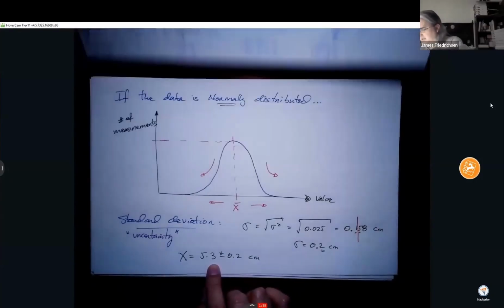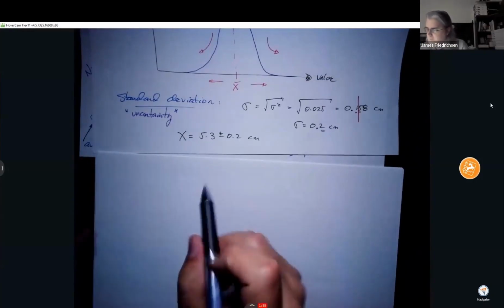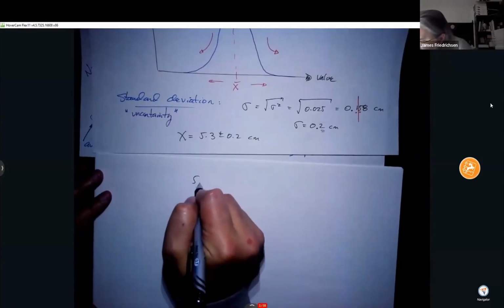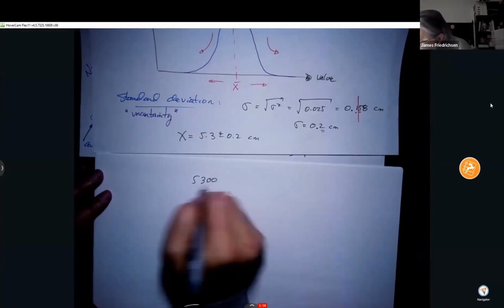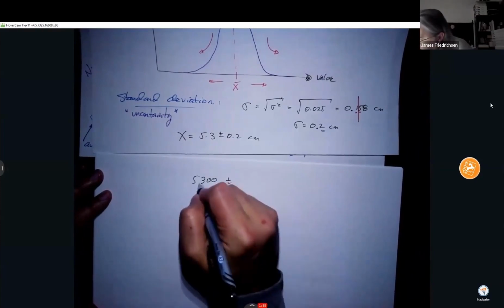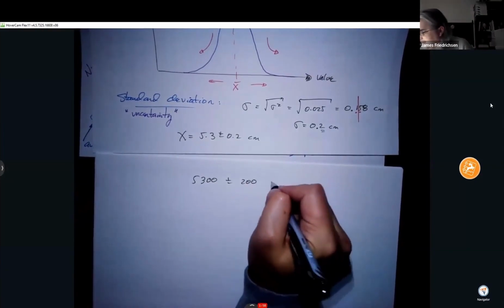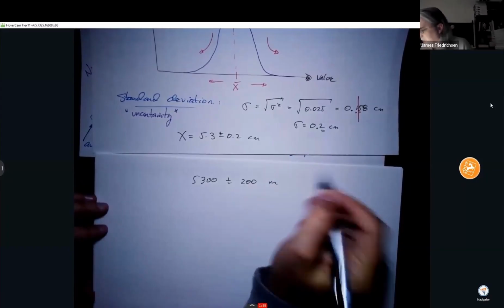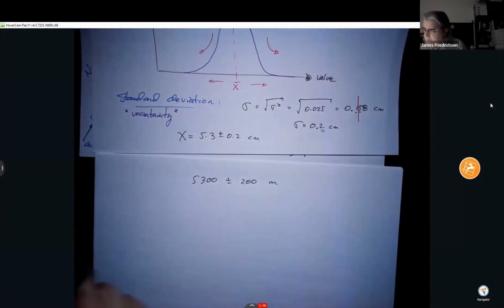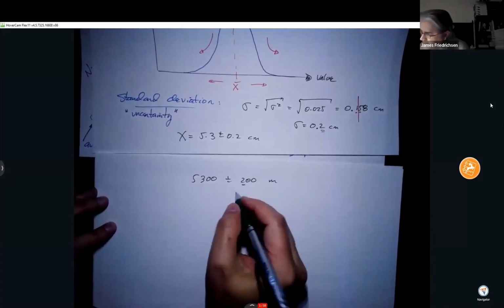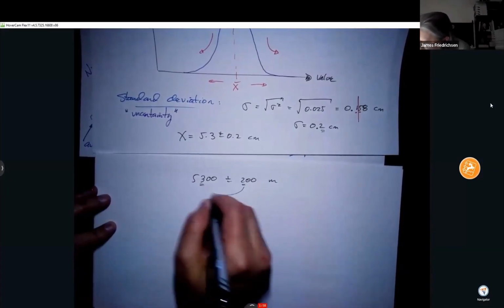So let me do an example. Let's say that this was 5,300, and then this would be plus or minus 200, I don't know, units, whatever. Okay. And so we got one significant digit. Here's the 2. It matches with this place, the 3.